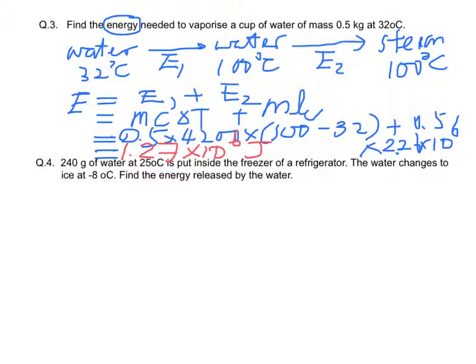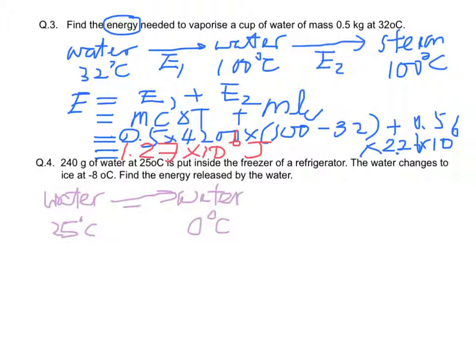Question number 4. 240 grams of water at 25 degrees Celsius is put inside the freezer of a refrigerator. The water changes to ice at -8 degrees Celsius. Find the energy released by the water. This question involves 3 stages. In stage 1, the water at 25 degrees Celsius is cooled down to water at 0 degrees Celsius first.